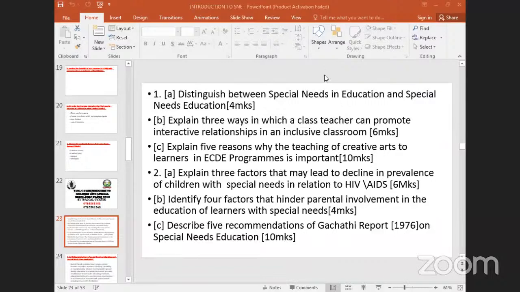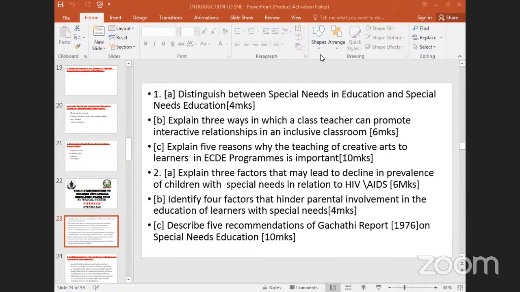Creativity and imagination. It develops talents. Developing of talents. Anybody else? Eye-hand coordination.